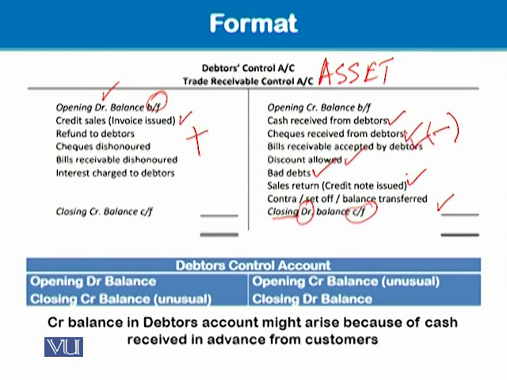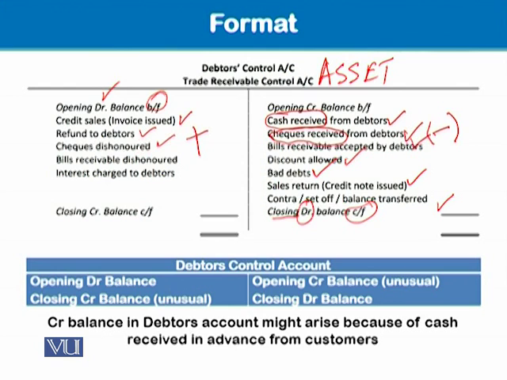Well, if we have received more cash from the customer and now we have to give them a refund, that refund will appear in the debit side. In fact, this relates to the collection that we have made more than the amount due, that we will refund to the customer. Then if the cheques which were received from the customers are dishonored, its reversal effect will be in the debit side.